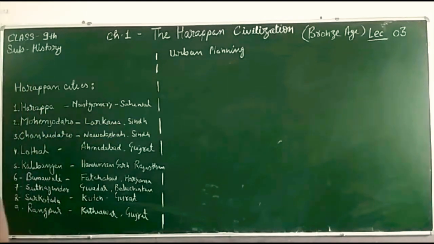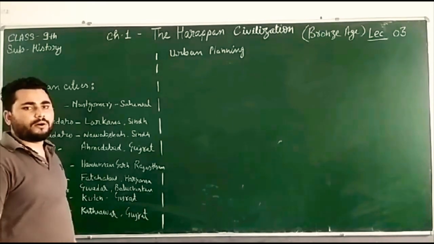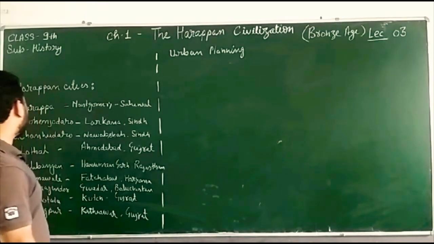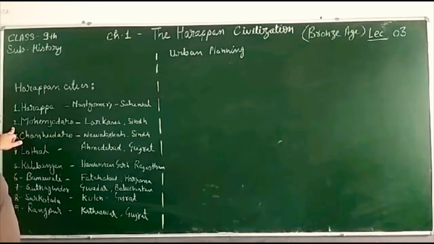Then Mohenjo-daro, meaning the mound of dead. It is situated in Larkana district of Sindh province of Pakistan. Mohenjo-daro is famous for its great bath.